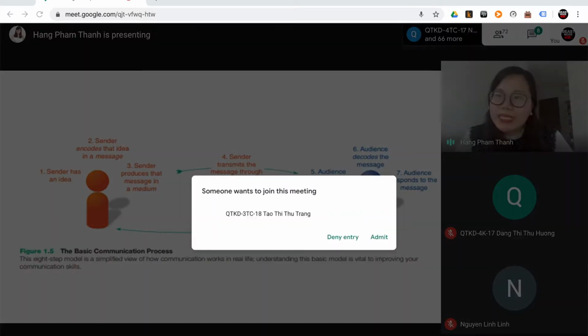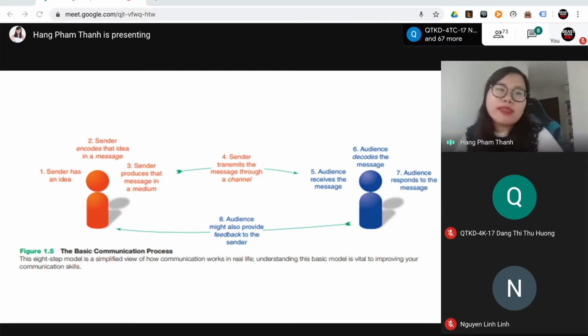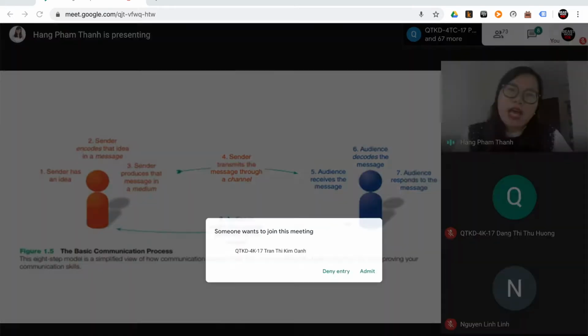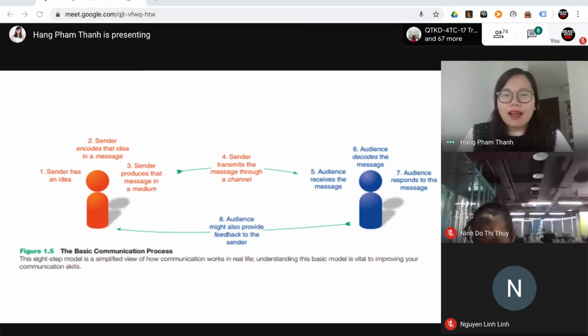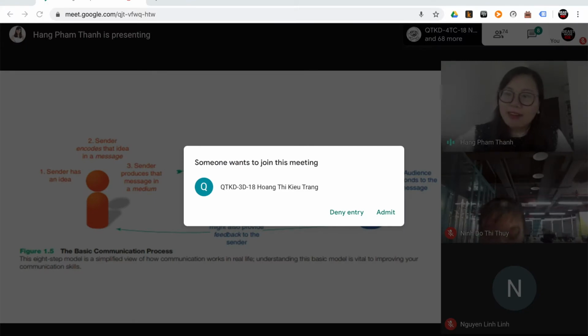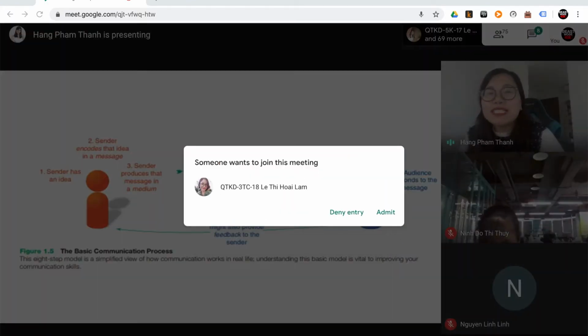In this basic communication process, everything starts with the sender having an idea. Last time we talked about the sender, maybe a boy, having the idea that he likes a girl in the class, and he wants to convey the message to the receiver, which is the girl.